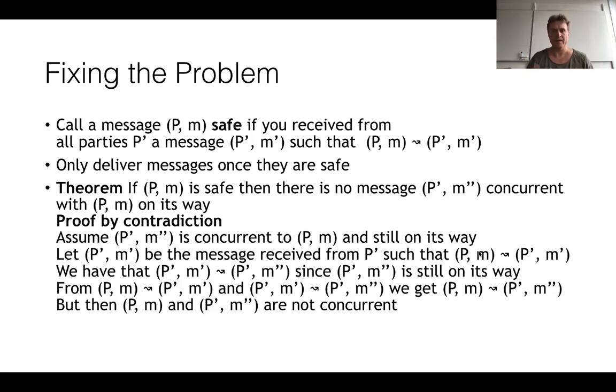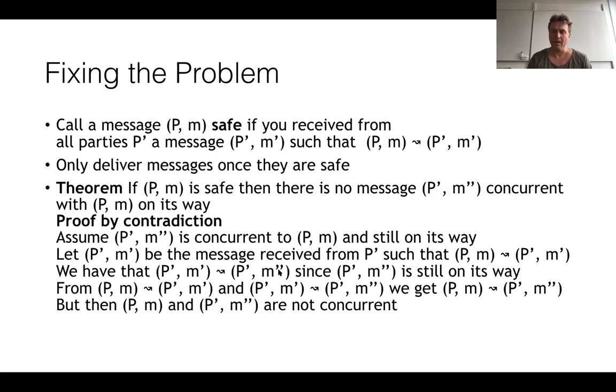It must be out there. So I know that (P, M) is in the causal past of (P prime, M prime). Let's establish one more relation. I also know that (P prime, M prime) is in the causal past of (P prime, M prime prime).